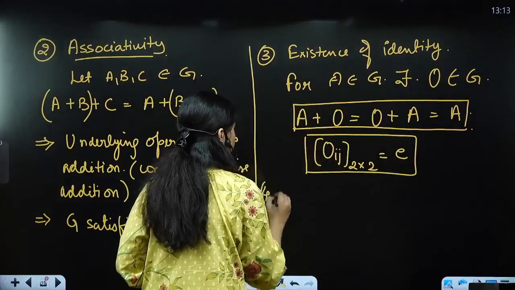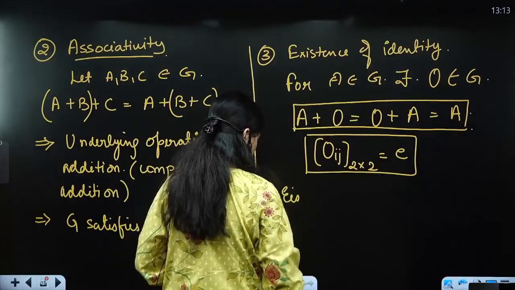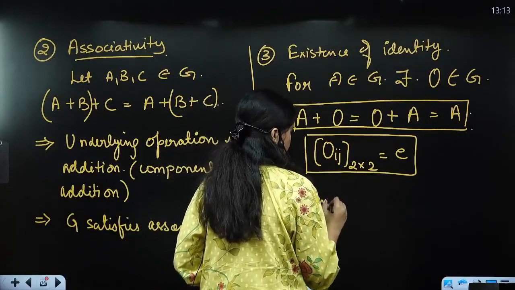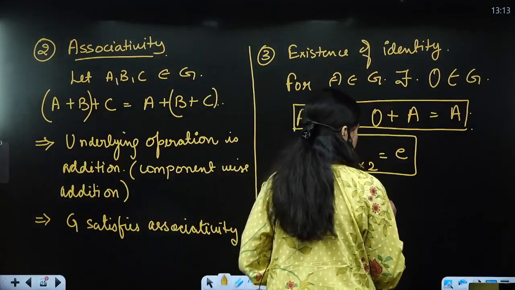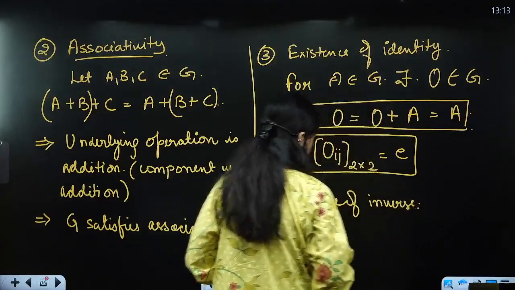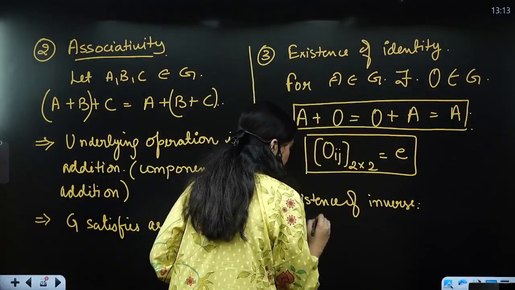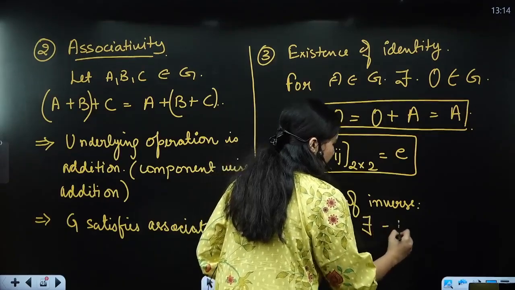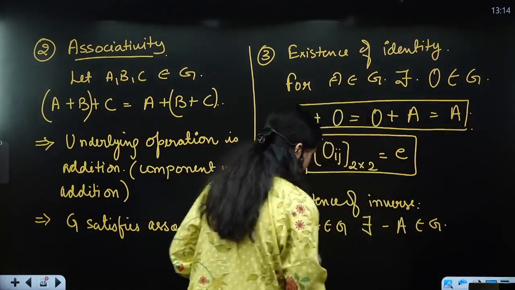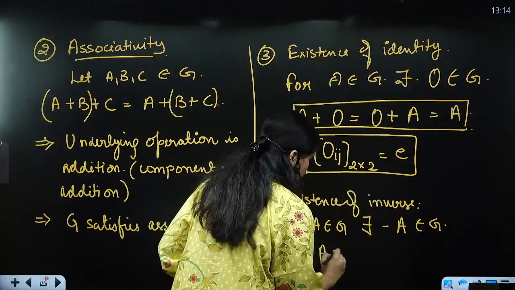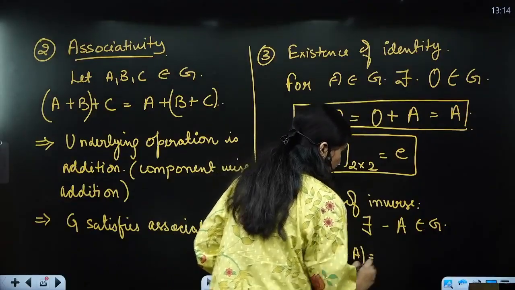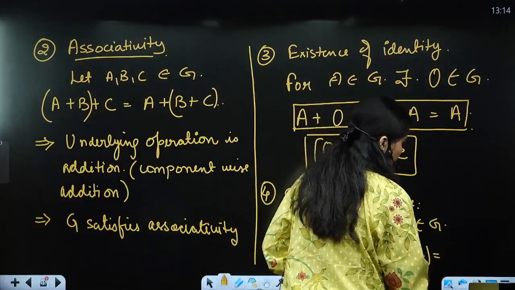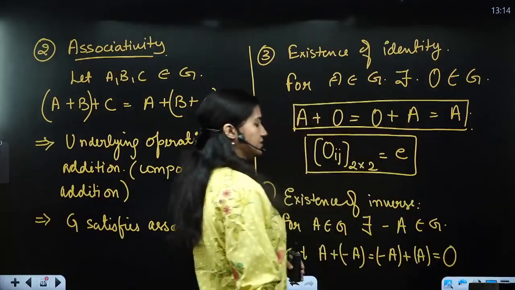Similarly we can write existence of inverse. Now for A belongs to G, there exists minus of A belongs to G, such that A plus minus of A equals minus of A plus A equals identity matrix, that is your 0 matrix, right?